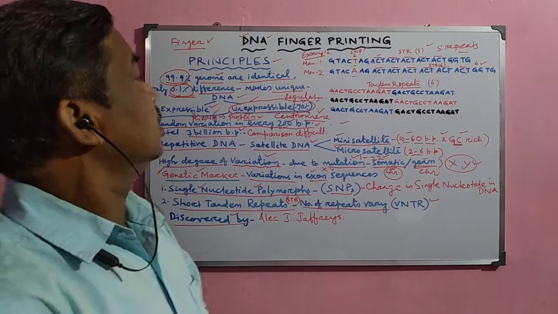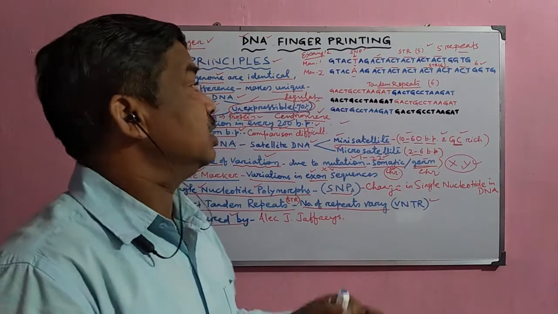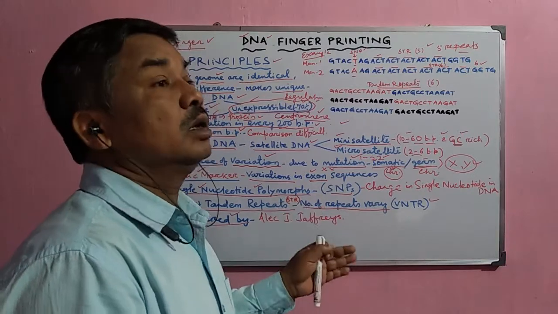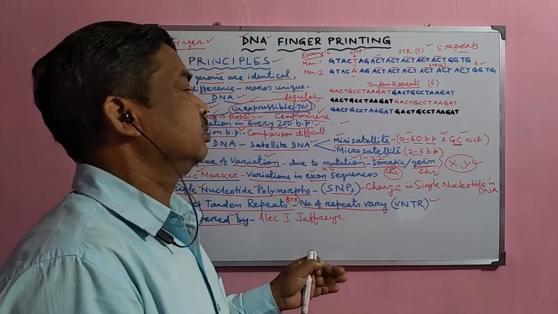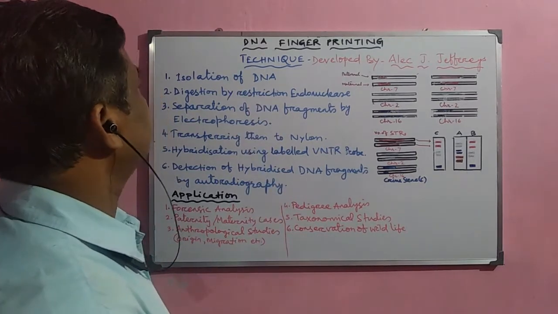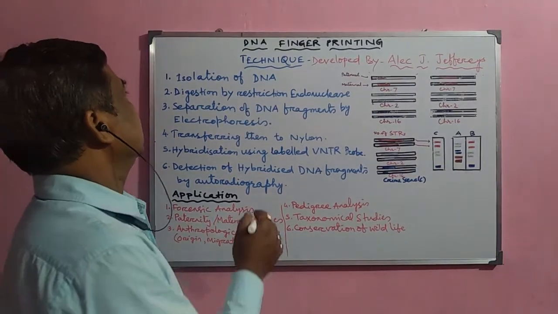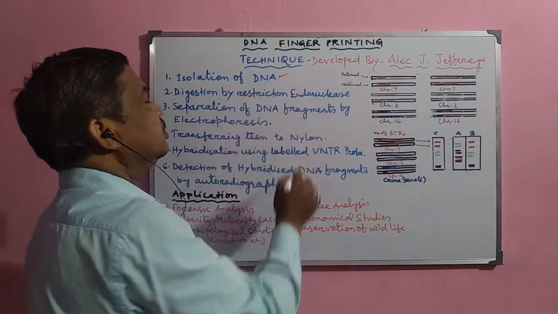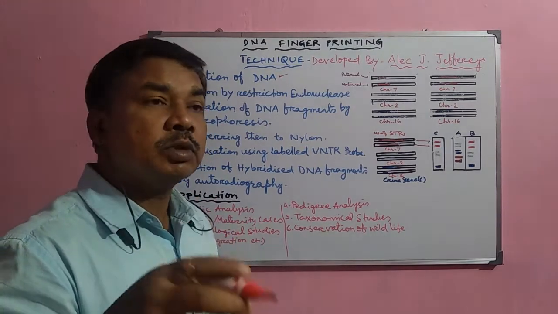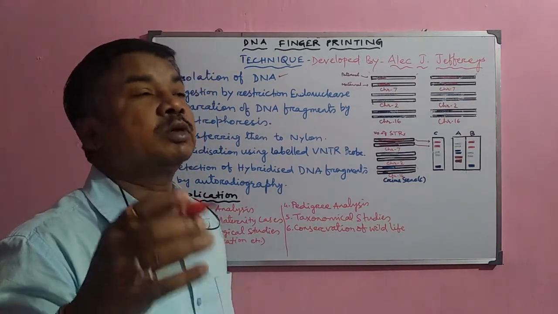Next, we shall discuss the procedure and the methods by which this DNA is isolated and properly identified. Now we shall discuss the technique behind DNA fingerprinting. The first step of this technique is the isolation of the DNA, because the DNA is present inside the nucleus of a cell and we have to isolate it from the nucleus.